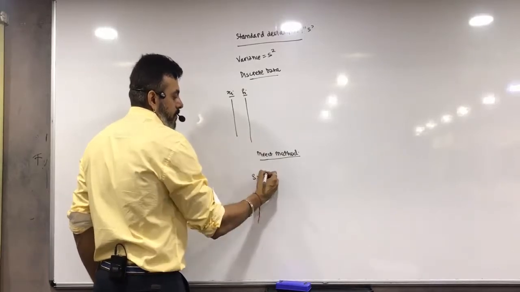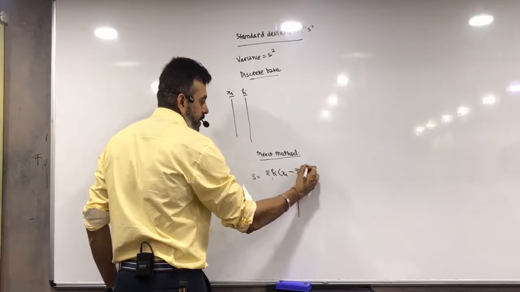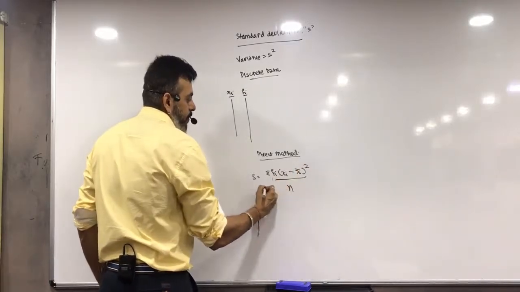is equal to the square root of sigma fi (xi minus x bar) the whole square upon n.